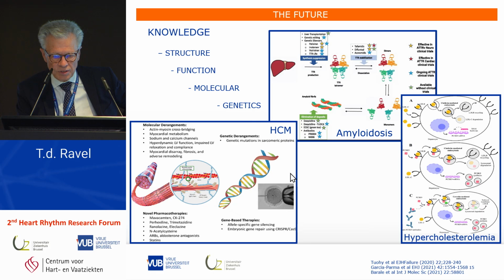They're the sarcomeric genes, and mutations or pathogenic variants in those account for at least 70% of these cases. What happens there is that the balance between the actin and myosin gets disturbed.